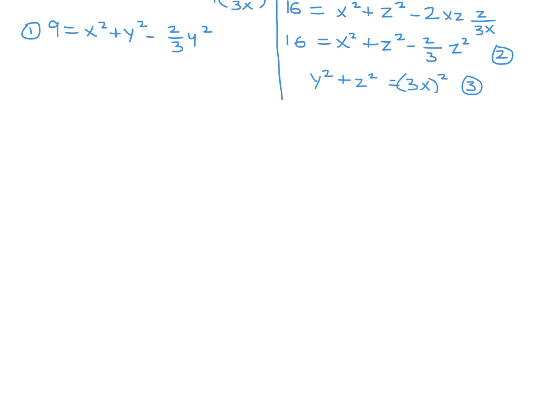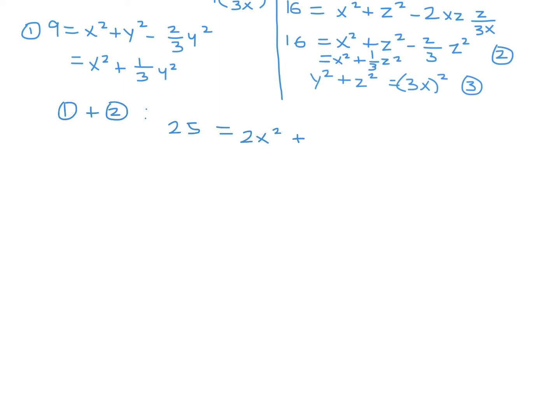So whichever way you want to do this, what I'll do is I'll add equation 1 and equation 2. When I do, I get 25 on that side, and on this side I get 2x squared plus, actually, this can be simplified, right? Because 1 minus 2/3 is 1/3. So this is just 1/3 y squared. And same thing here. This can be x squared plus 1/3 z squared.